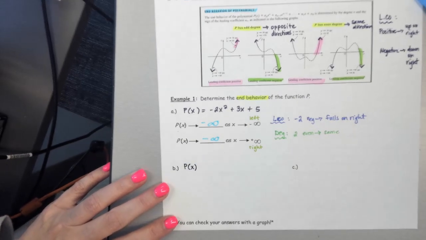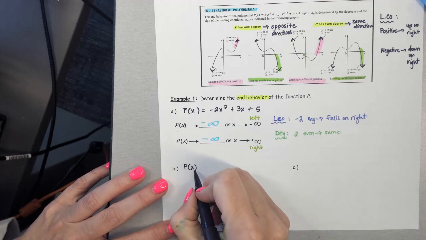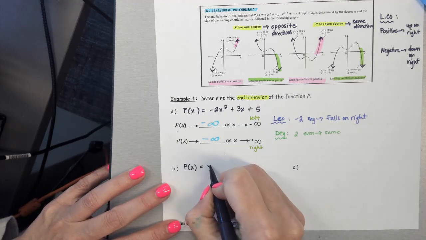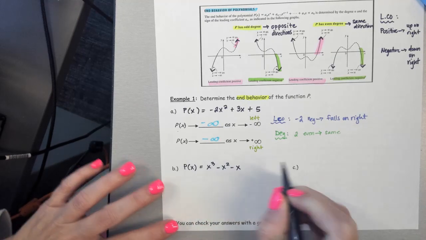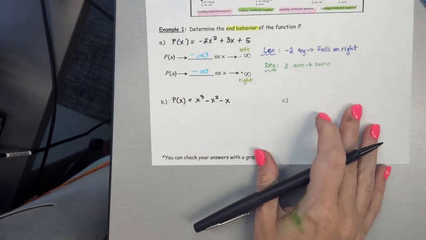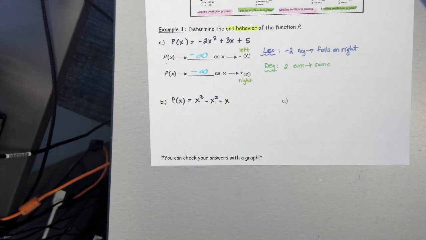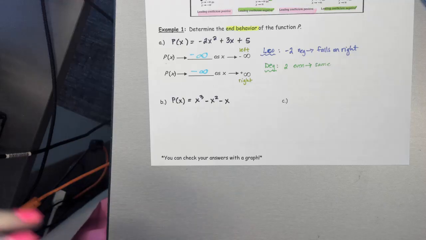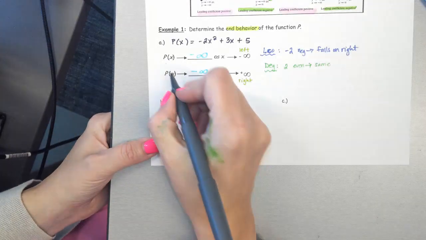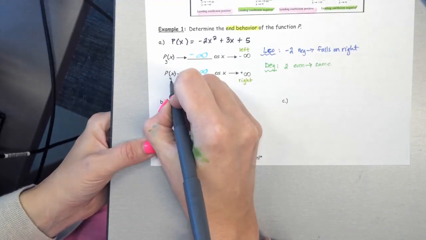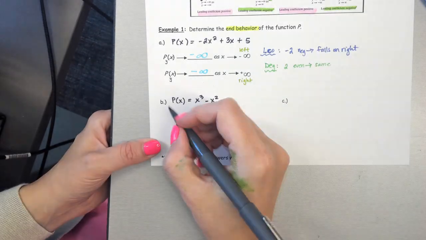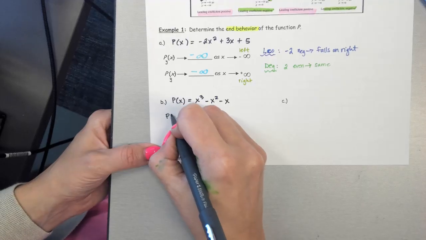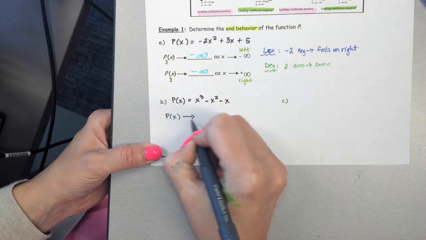That's the leading coefficient. Okay, so p of x is equal to x cubed minus x squared minus x. You can always start your statement the same way. Instead of y like we did last year, they're using p of x because the polynomials are called p of x. So you're saying, where is p of x going?